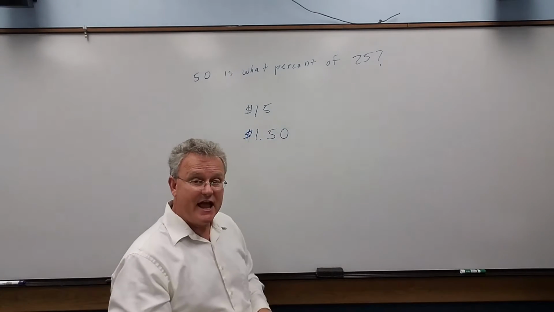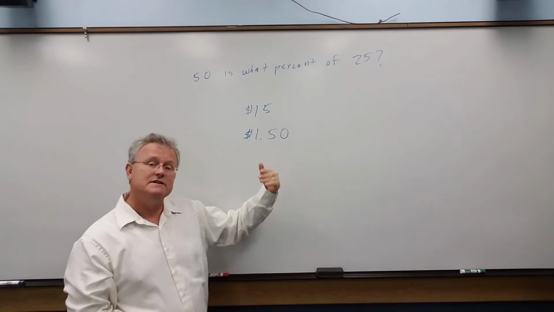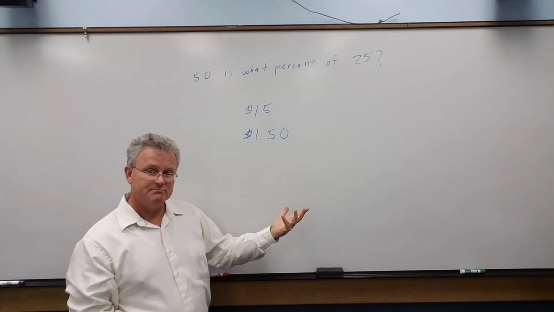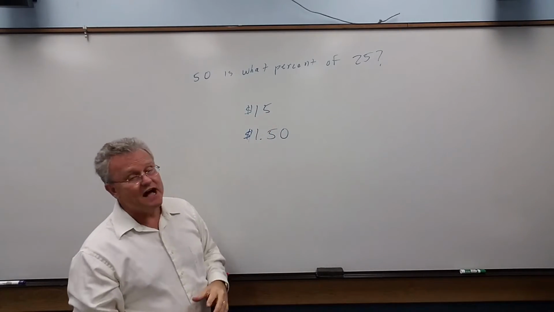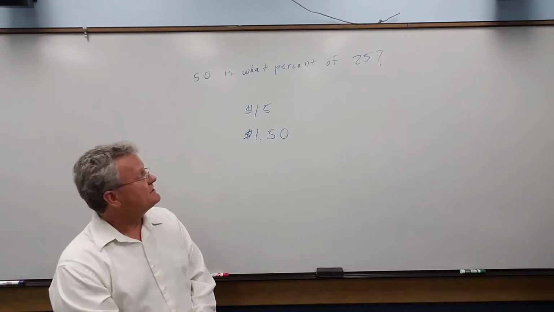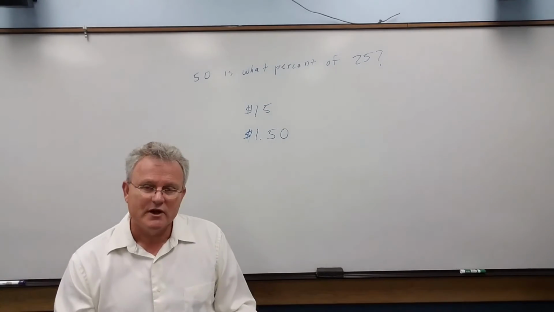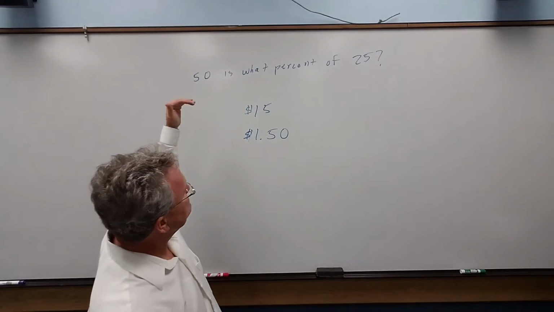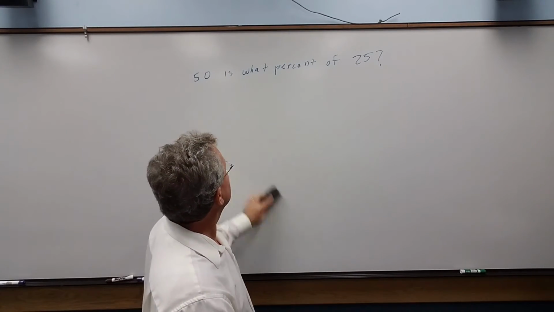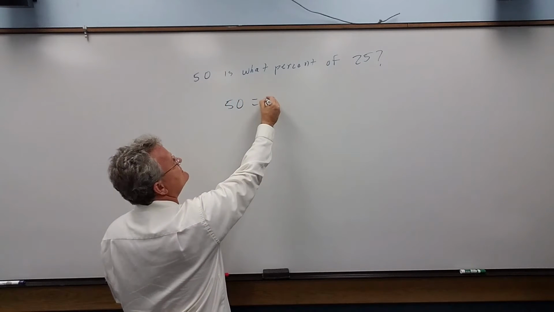That means 10% off is going to have $1.50 taken off its price. So if I take $1.50 off of 15, hopefully again, we can do that in our head and we get $13.50.